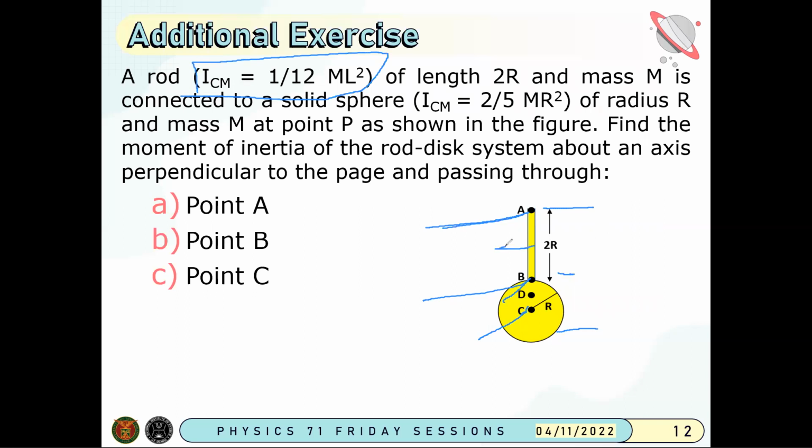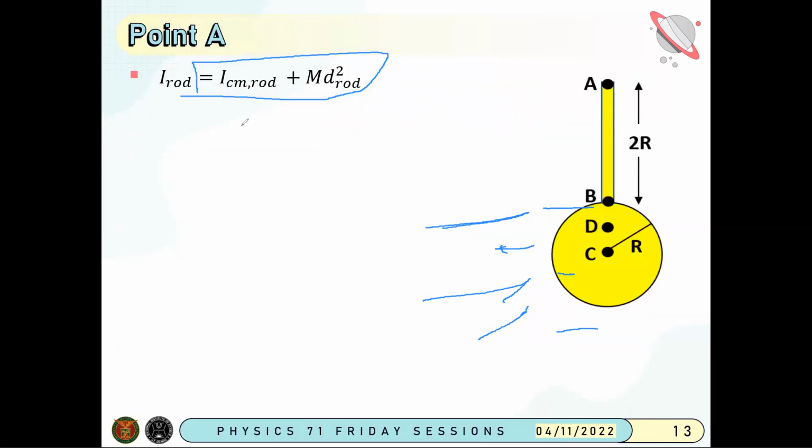So ito lang yon kapag nandito yung rotational axis. Pero since nasa dulo tayo, we use parallel axis theorem. So we have the center of mass inertia, plus yung displaced axis, md squared. And alam natin yung d will be just r. Okay? So 1/2 m, yung length niya is 2r, kaya naging 2r. And yung displaced niya is just half of it, which is r. So we get 4/3 mr squared for the rod.